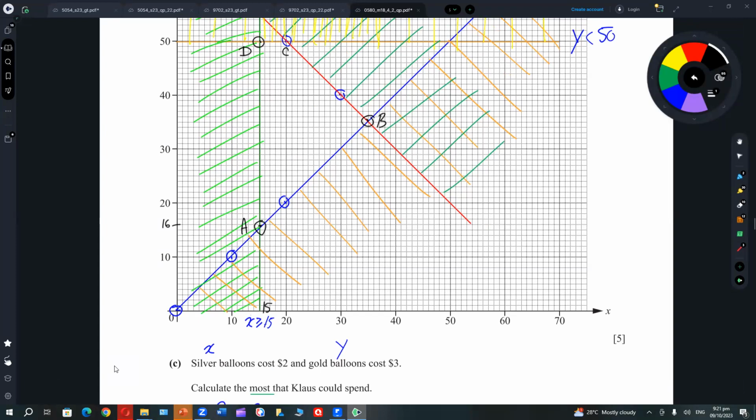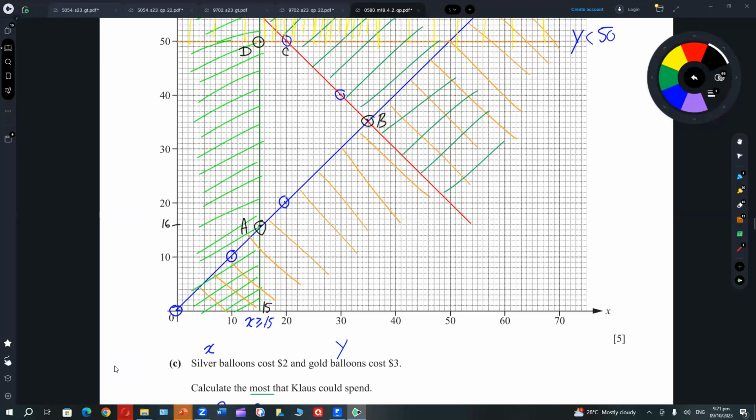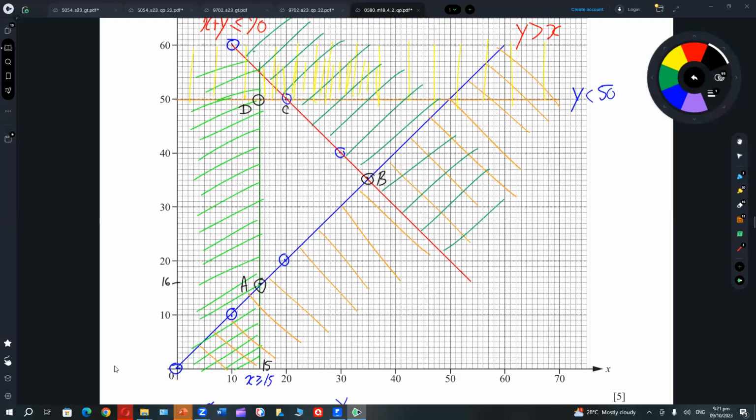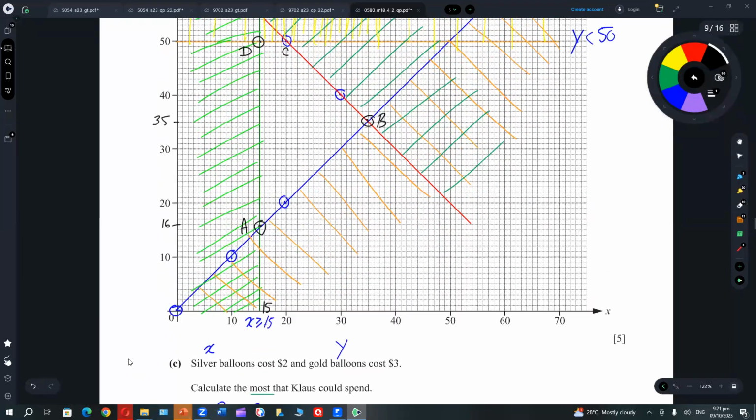I'm getting 15 by 16, but whatever you have, you can check it. The second, what would be B? B is for me 35 by 35. This is 35. What is on the x-axis? 35 also.